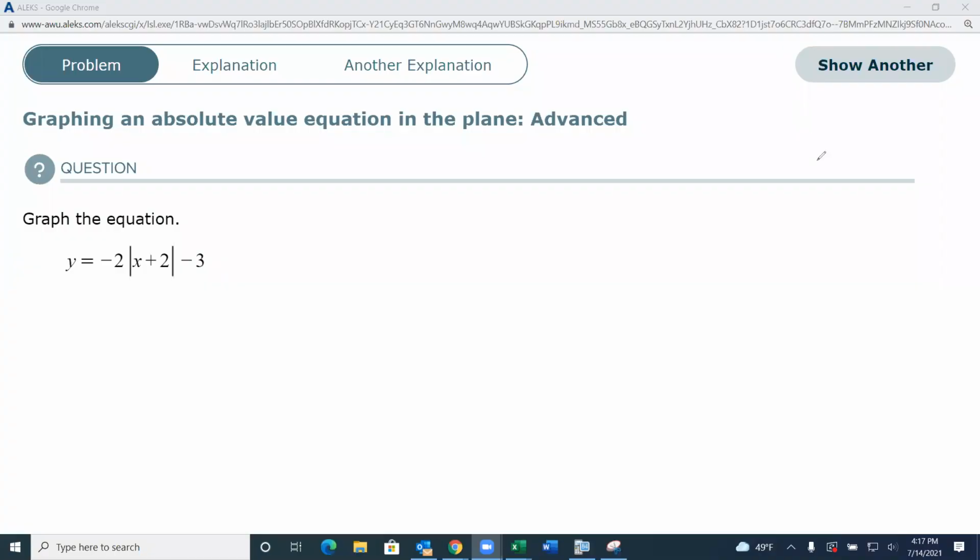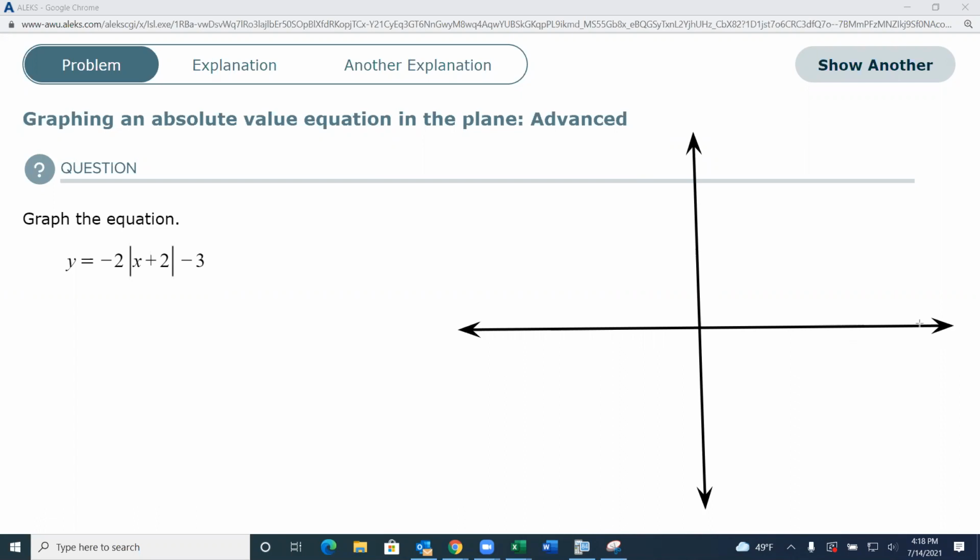Okay, so graphing an absolute value equation. Let's see one way to do it. Now, of course, you can plug this thing into your calculator and see what happens. Okay, so we got that. In fact, I think I'm going to do that.